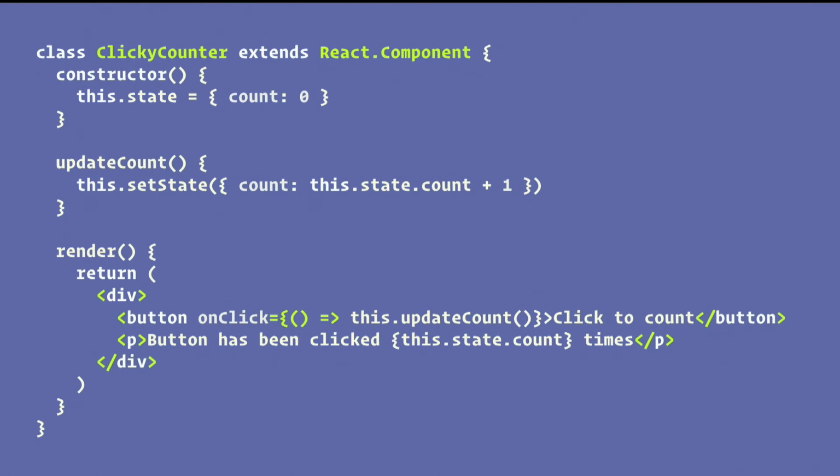And instead of saying this.state.count equals 3, if we wanted to change it to 3, let's say, we need to say this.setState. We need to use setState, because the way React works is it listens for the setState method, and then it knows, okay, something has changed on state. I need to re-render that UI.